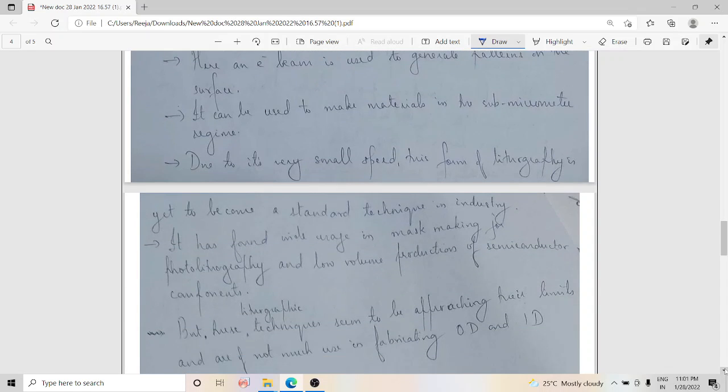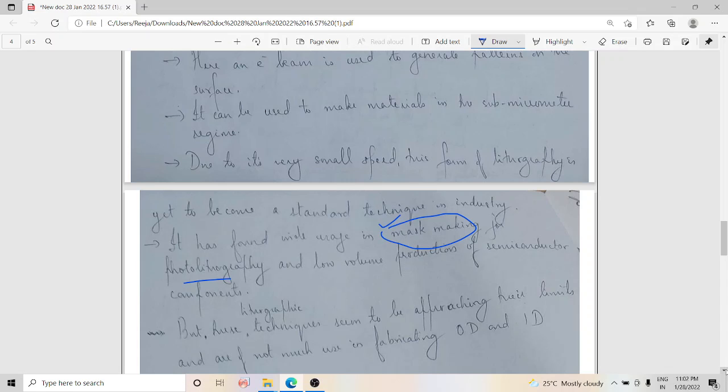It has been found that electron beam lithography is used predominantly for mask making, the photomask that you use for photolithography. So electron beam lithography can be used for mask making and low volume production of semiconductor components.